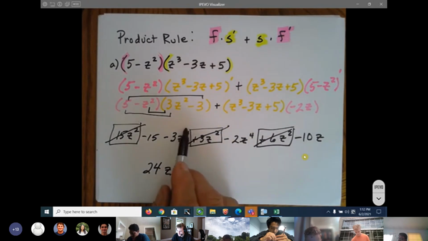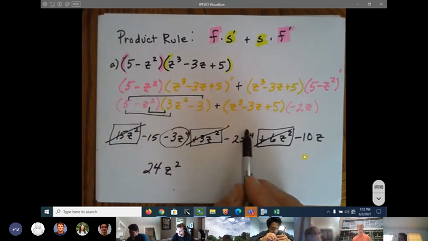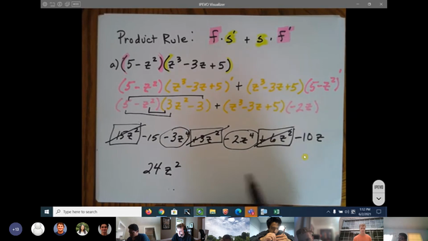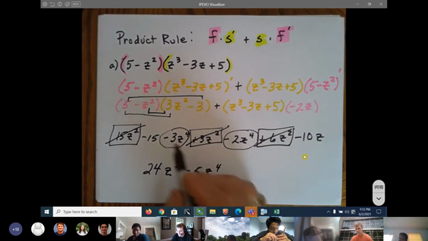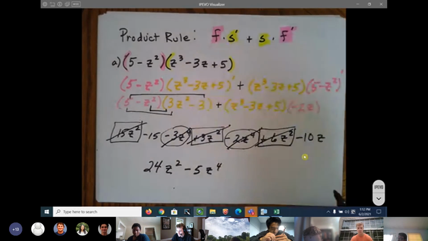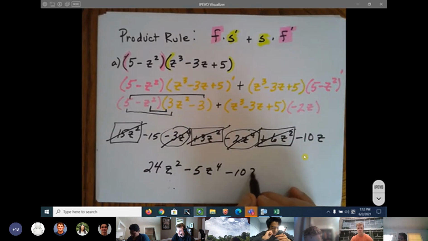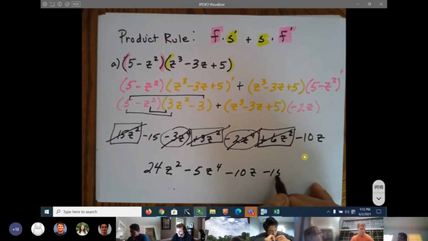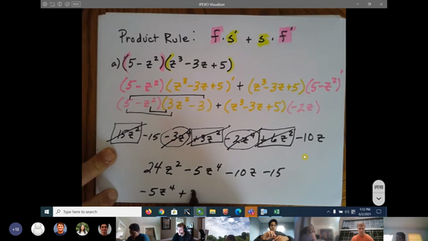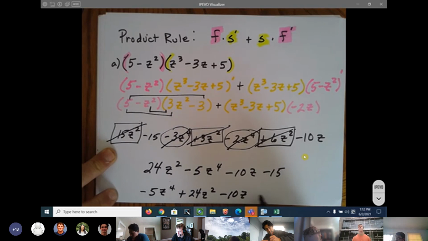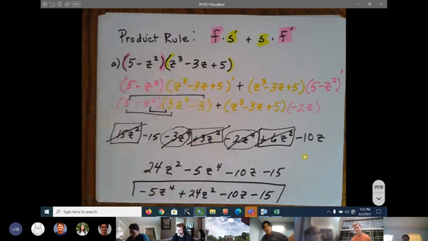And we've got a z to the fourth right here and a z to the fourth right there, negative 5z to the fourth. Minus 10z minus 15. And that's going to be negative 5z to the fourth plus 24z squared minus 10z minus 15. That's what I got.